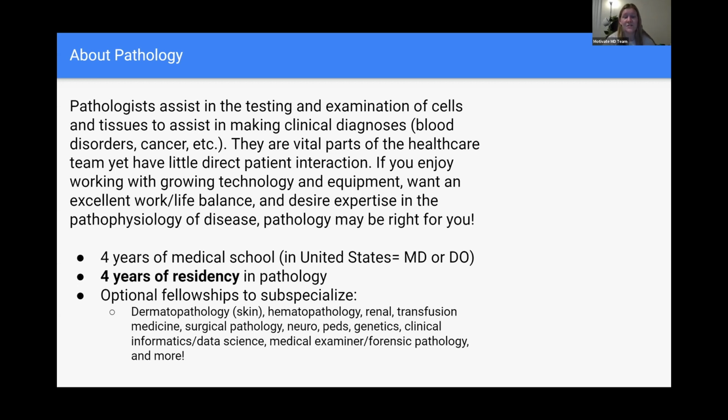Pathologists do enjoy an excellent work-life balance. I would say almost all of them have a 9-to-5 type job. And they are just really nice people. Every pathologist I've ever met is so welcoming and passionate about teaching.